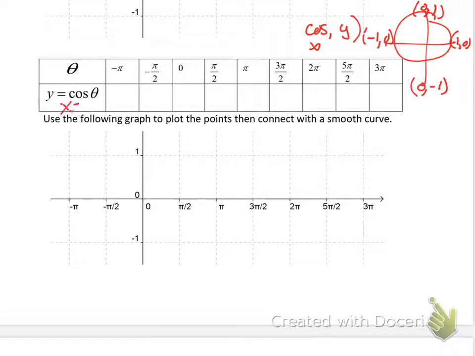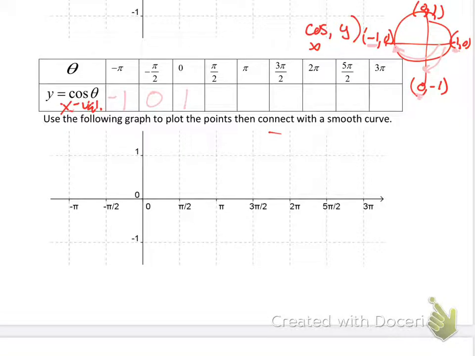So this is your x value, right? So at negative pi, that means if I were to go from 0, go backwards to here, I want the cosine value, which is negative 1. And then at negative pi over 2, which means I stop here, I want the x value, which is 0. And then I have 0, which is right here. My x value is 1.